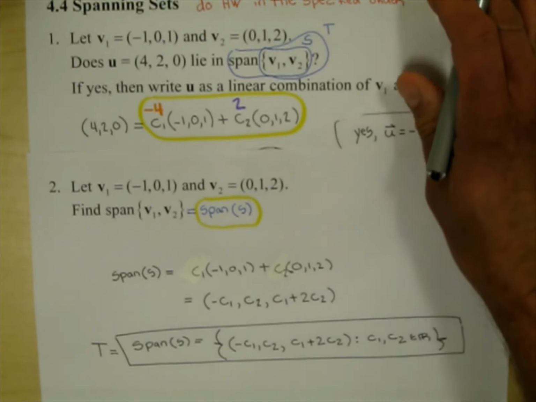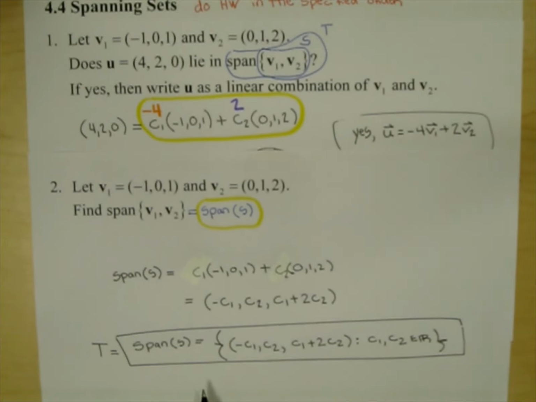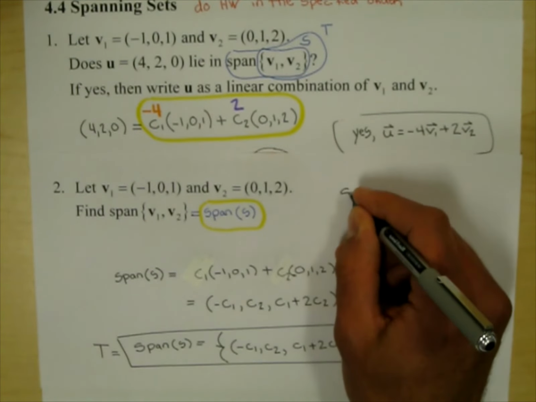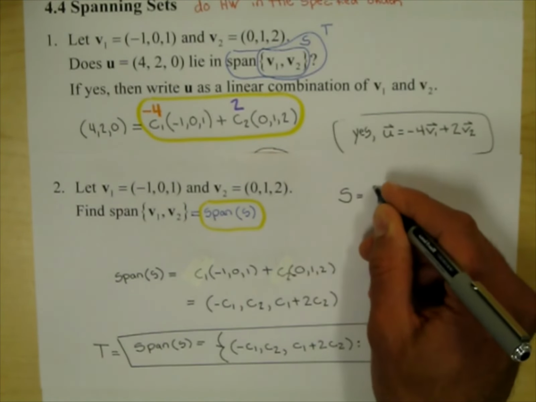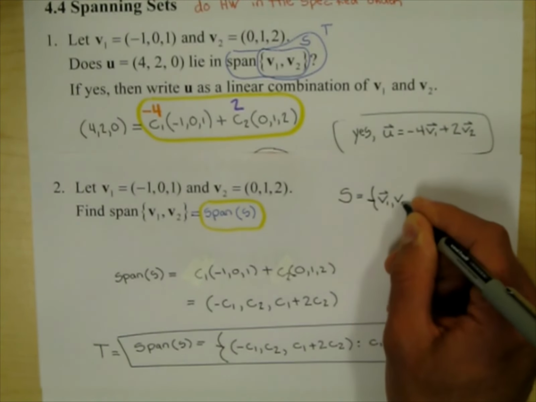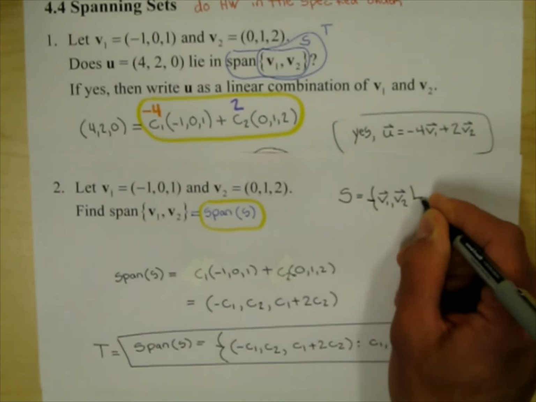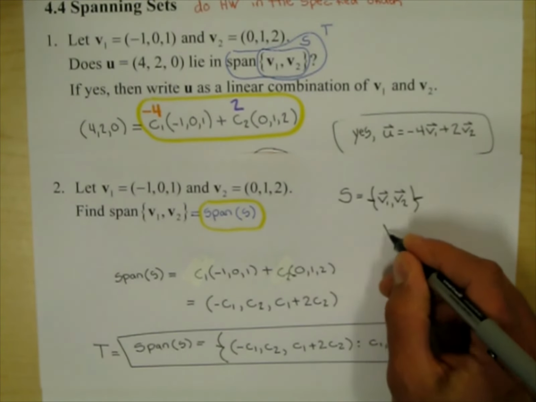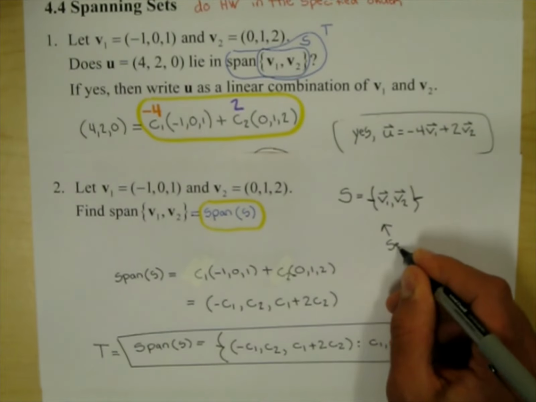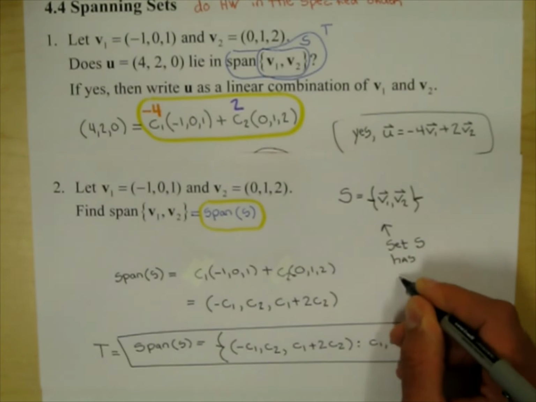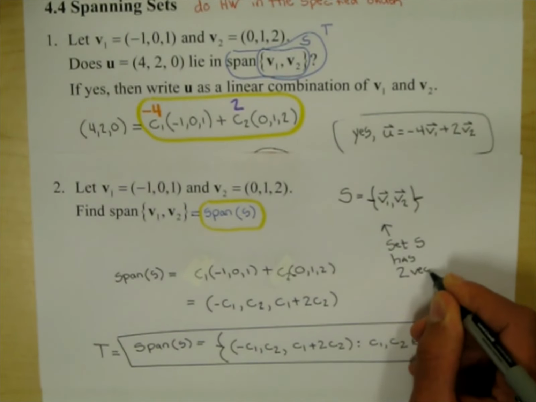Now this is going to help us a little because set S is right up here. Let me just write out set S. Set S happens to be V1 and V2. How many vectors are there in set S? Well, set S has 2 vectors.